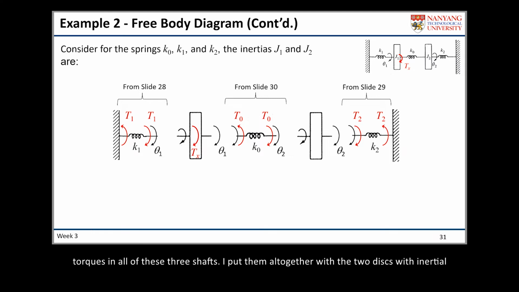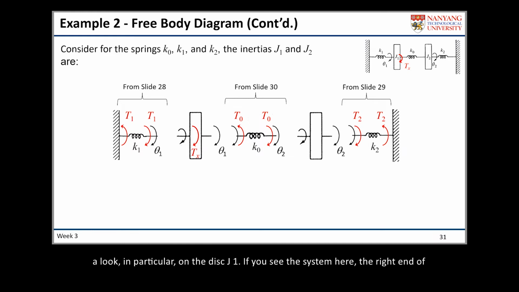I put them all together with the two discs with inertia J1 and J2 in this slide. So we have already analyzed the torques applied on shaft K1 from slide 28, the torques on K0, as well as the torques on K2.